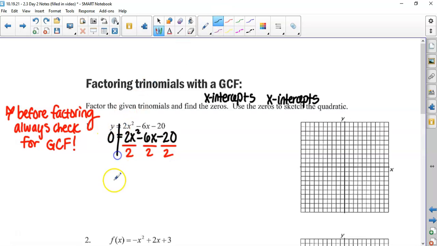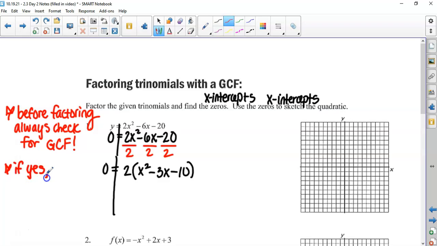So if I put a line down my equal signs to keep this nice and neat, we now have 0 equals 2 on the outside. And then what's left inside? 2 divided by 2, that cancels out. So we have x squared minus 3x minus 10. Is there a GCF? If yes, factor out the GCF.